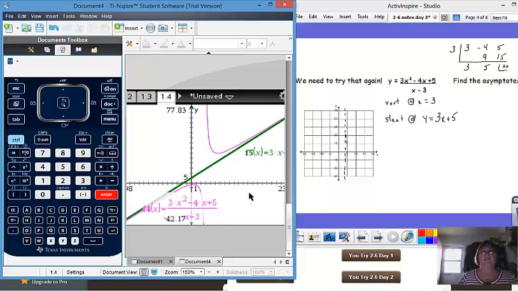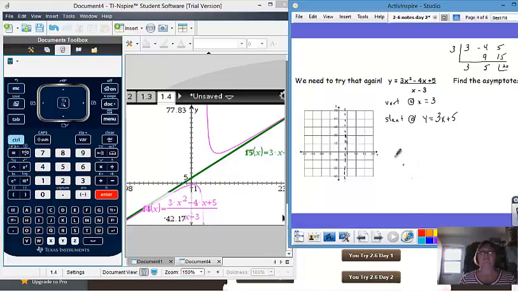Alright, and the window that we have is similar to this one, so I am going to try and sketch that graph on the page over here. I don't know how successful I'll be, but I'm giving it a try. We got a branch that comes down here and slides along that way.